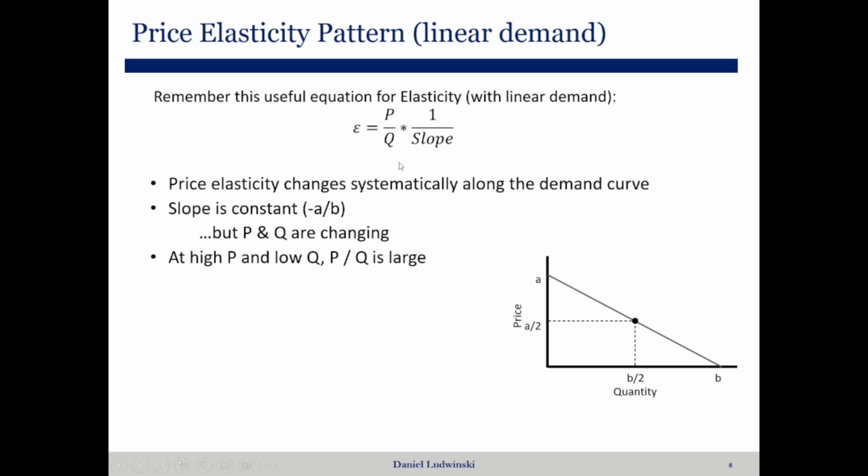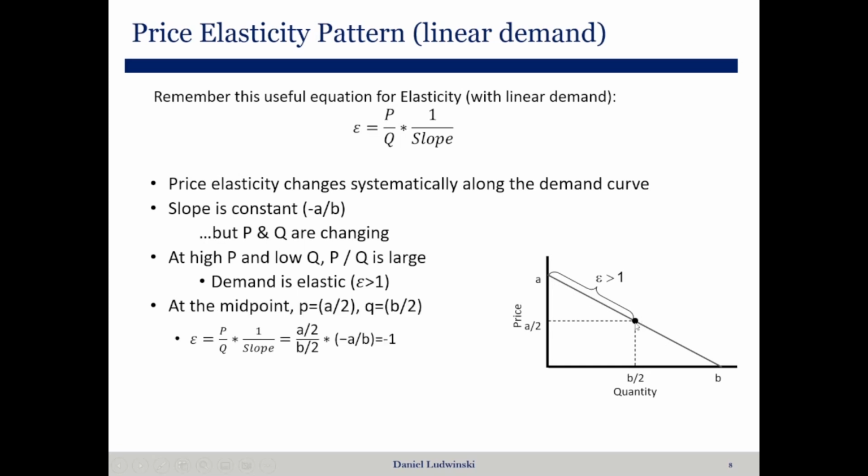And so looking at this elasticity equation, places where the price is high and quantity is low are going to have a higher elasticity. So in this region, elasticity is going to be greater than 1. At the midpoint, you can actually mathematically show that it's going to be exactly 1, or unit elastic.